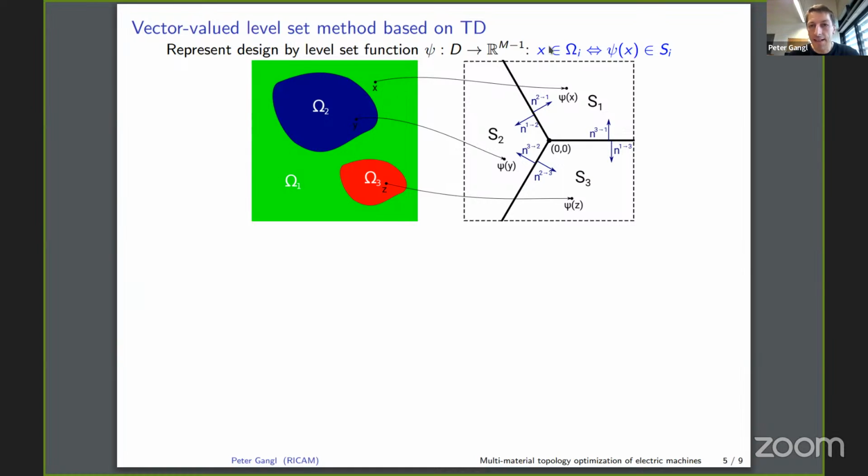And then to say that my point x is in omega i if and only if psi of x is in the sector Si in this right picture here. So this is the picture for 3 materials. And the nice and important feature here is that every sector has a boundary with every other sector. So every material is neighboring to every other material. This is a nice feature of using this method.